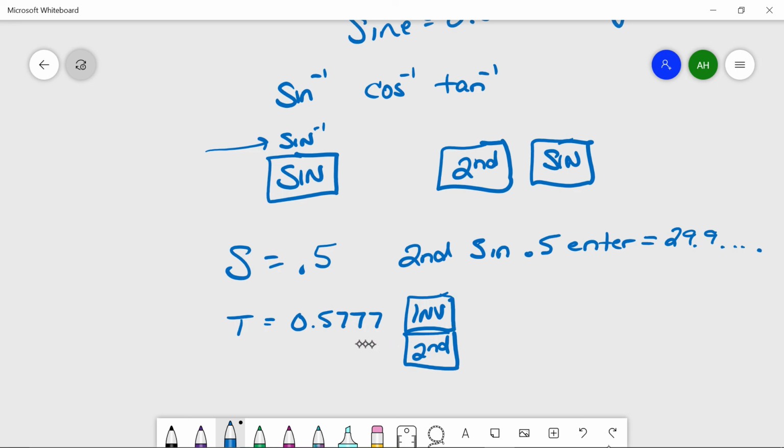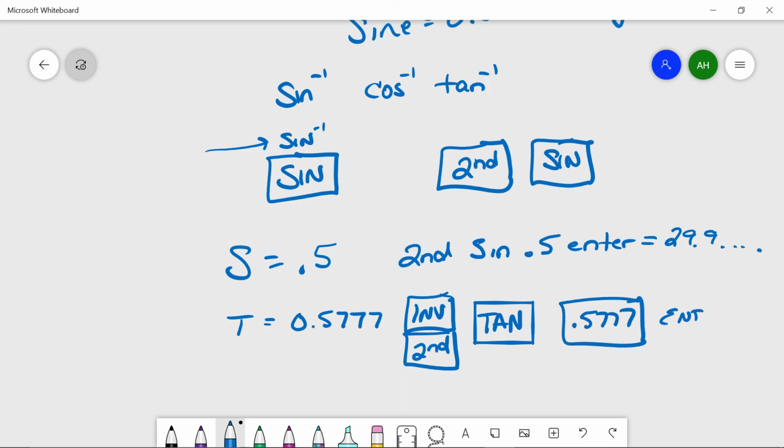So I would hit the second, then the tangent key, enter in 0.5777, and then hit enter.